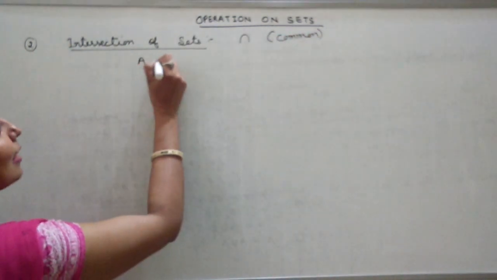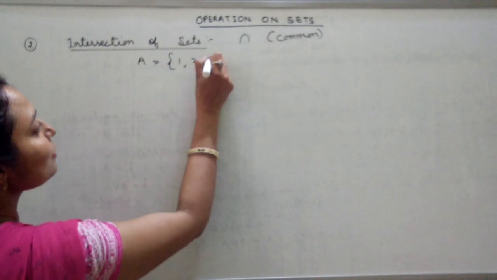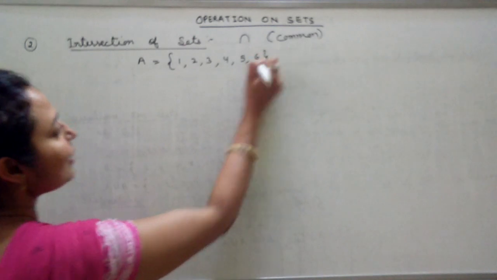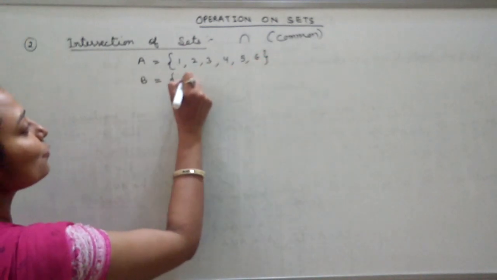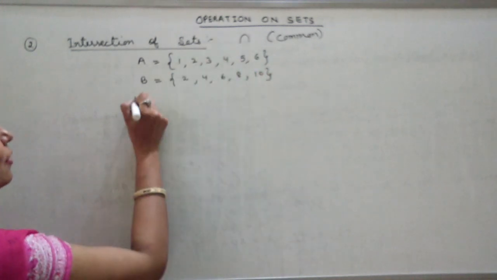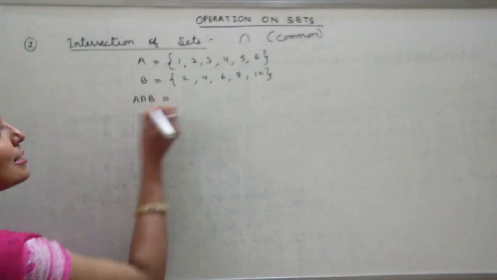I will take the same example. A is 1, 2, 3, 4, 5, 6, and B is 2, 4, 6, 8 and 10. What is the meaning of A intersection B?